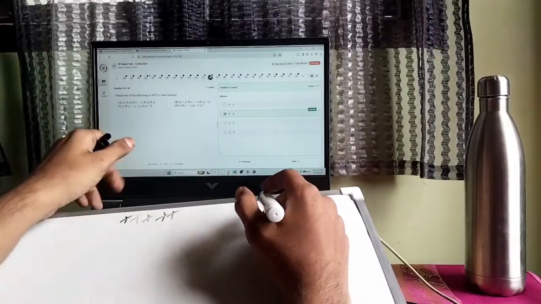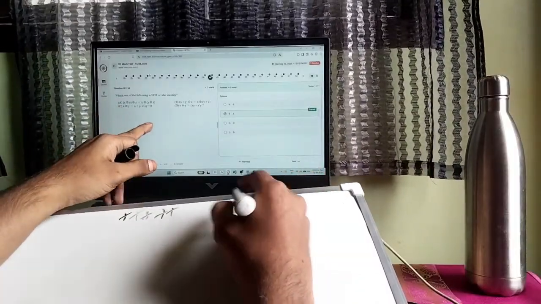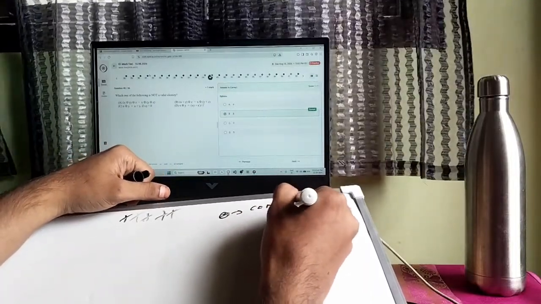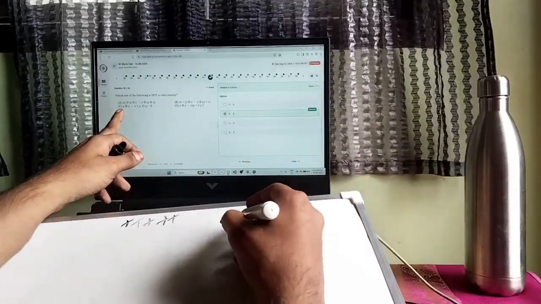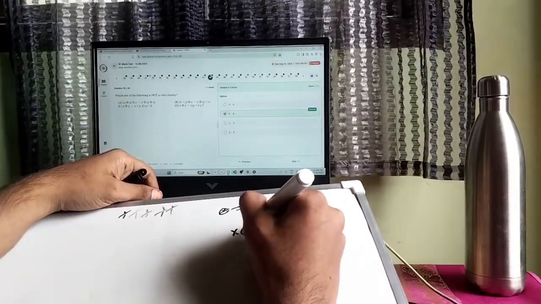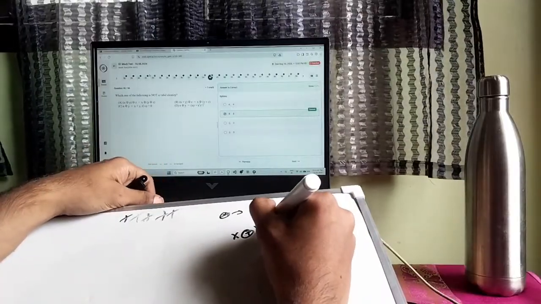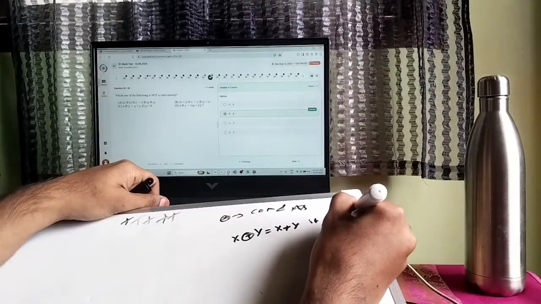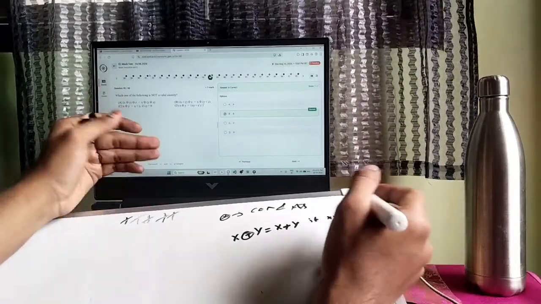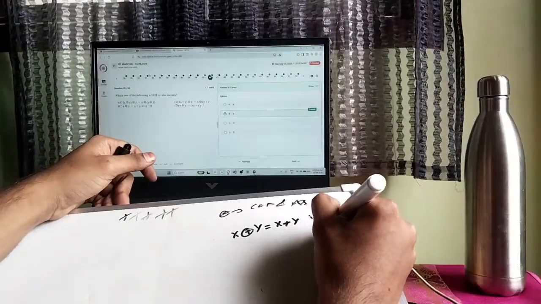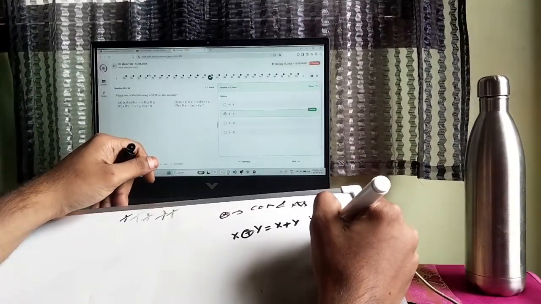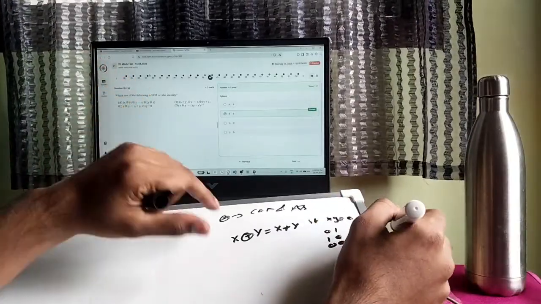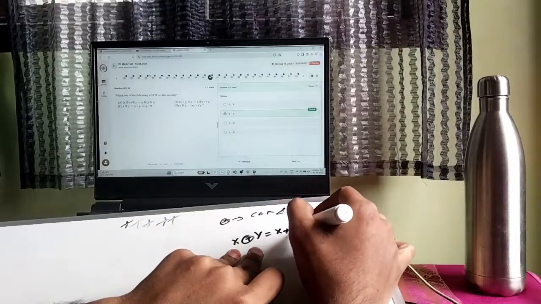Oh no, got it, here in option C. We know XOR is commutative and associative as well. So here in option C, X XOR Y equals X plus Y, they are given, if XY equal to 0. If XY equal to 0, it means at least one is 0: X can be 0 and Y 1, X can be 1 and Y can be 0, or both are 0. So these are possible.